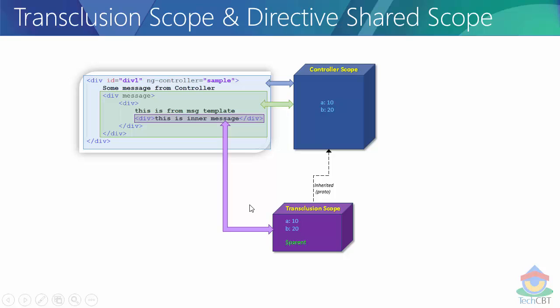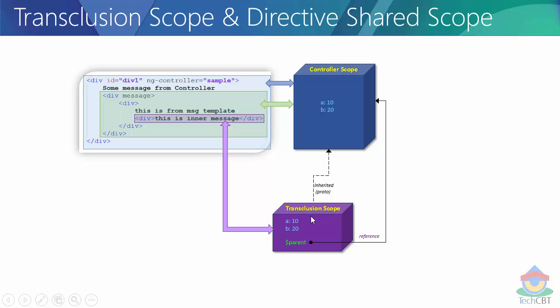So in the case of directive shared scope, it actually refers directly to the parent of the directive, which happened to be the controller scope.